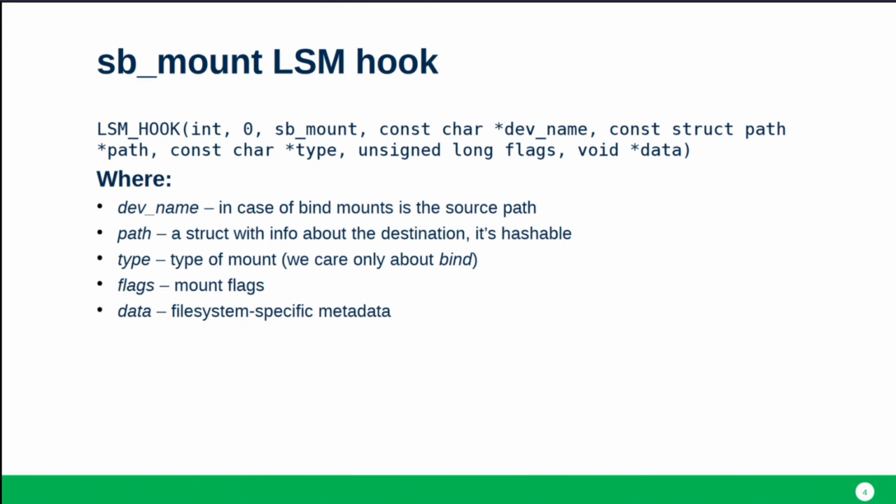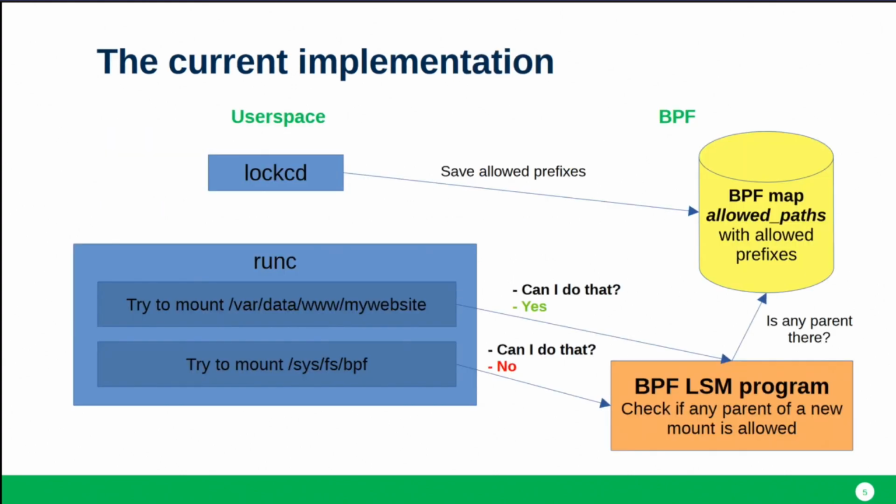There is a destination path which is hashable, and it's not a string but a more sophisticated struct which contains a unique hash. There is a type of mount, and as we are applying a policy about host mounts in the containers, we are interested pretty much only in bind mounts. And there are flags and file system specific metadata.